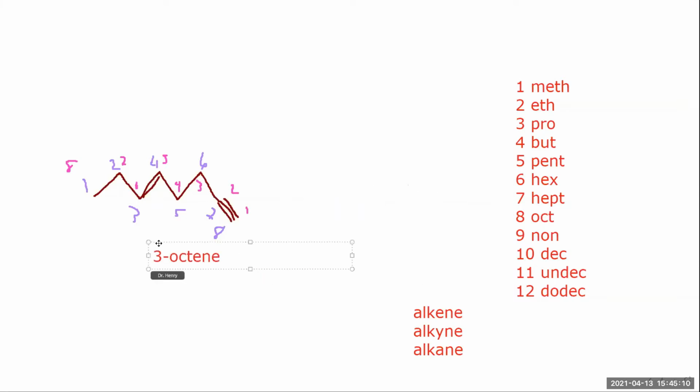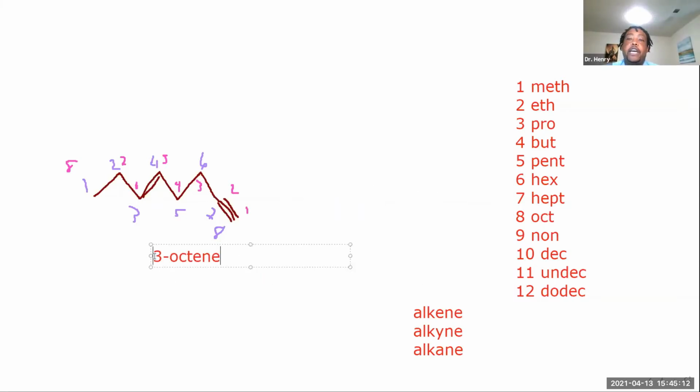Yep. So the way that we say there's a triple bond, there's 2 ways of doing it. The first way is by putting the number where the triple bond is at. The triple bond is located at 7, and then we put yne in. So that tells me I have a triple bond on that 7th carbon. Or I can do it within the text itself.